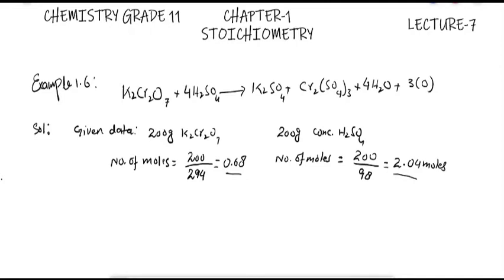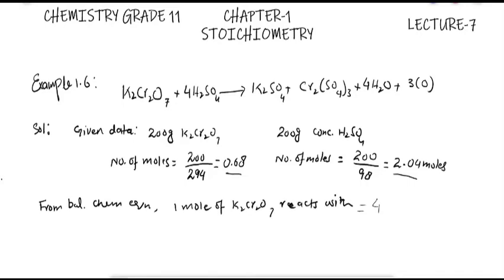So let's find out the limiting reactant, and that we can do from the balanced chemical equation. From the balanced chemical equation, we know that 1 mole of potassium dichromate reacts with 4 moles of sulfuric acid.